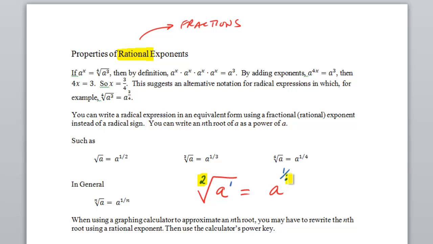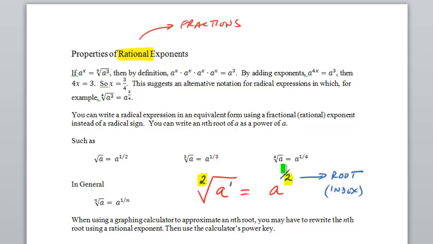Now, a couple things that you want to look at here. Notice where the 2 comes from. In the rational exponent, that 2 is a result of the root or the index from the radical. Okay? And so you can kind of make that connection there.